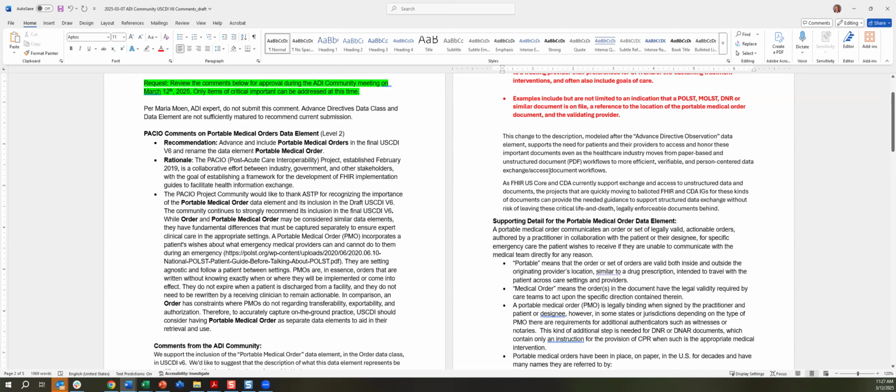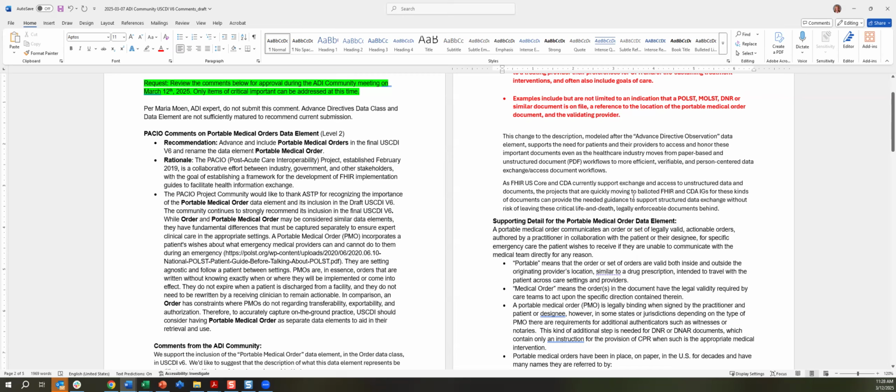And I verified FHIR US Core and CDA currently support exchange and access to unstructured data and documents, and the projects that are moving quickly to balloted FHIR and CDA IGs for these kinds of documents can provide the needed guidance to support structured data without the risk of leaving these critical life and death legally enforceable documents behind.